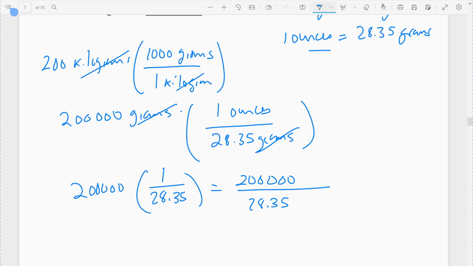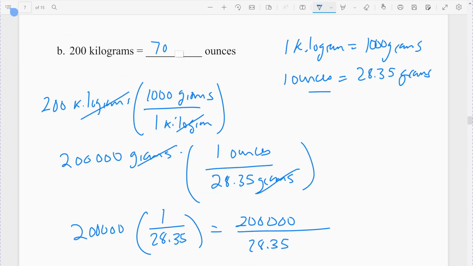This time it comes out to an ugly decimal that goes forever, 7054.66 repeating. Suppose I wanted to round to the whole number. So I'm going to round up to the whole number, 7,055. So since I rounded, there are about 7,055 ounces equivalent to 200,000 grams.